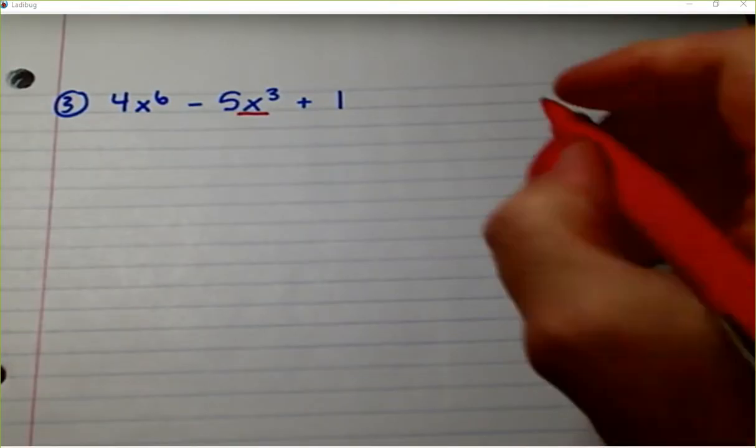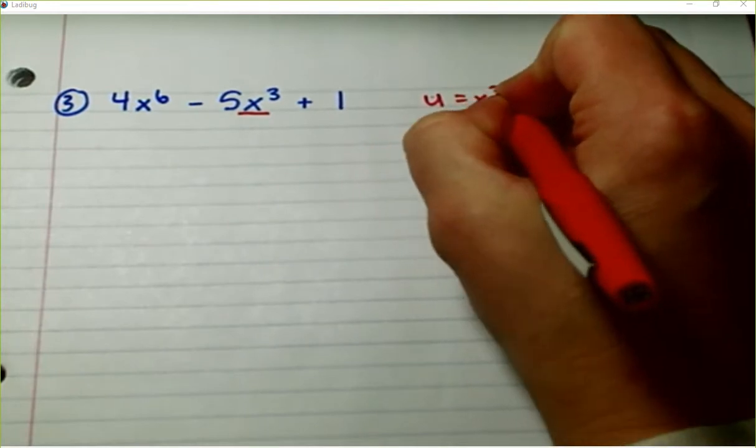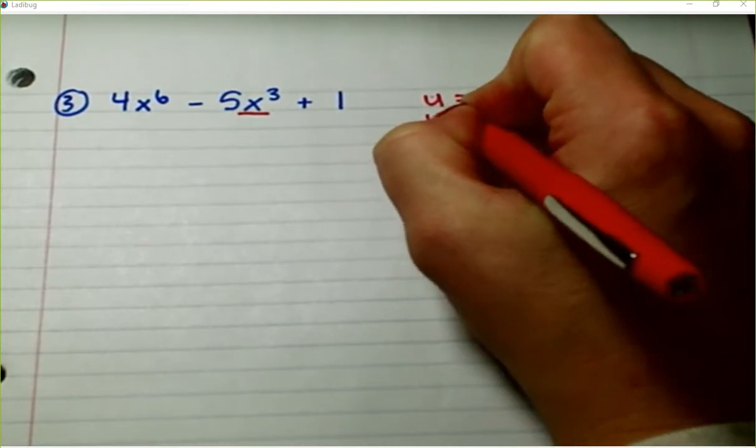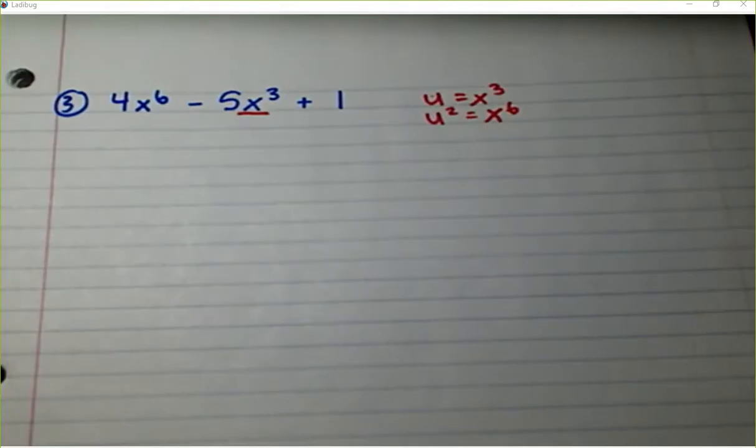So I'm going to start with the middle piece, and I'm going to write u equals x cubed and u squared equals x to the 6th. Right? You have to make sure it's the quadratic form so that the multiply add numbers actually work.